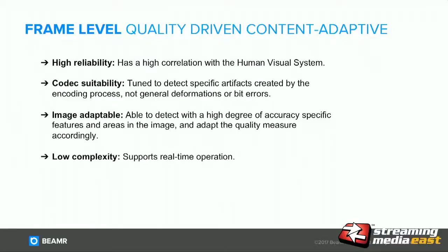I already stated that one of the drawbacks to the per title approach, similar to what Netflix is doing and others, is that it's high complexity. So it doesn't work in real time. Ours works in real time. In fact, at NAB, we demonstrated that. And if you stop by our booth, we're in 120, you can see examples of that.